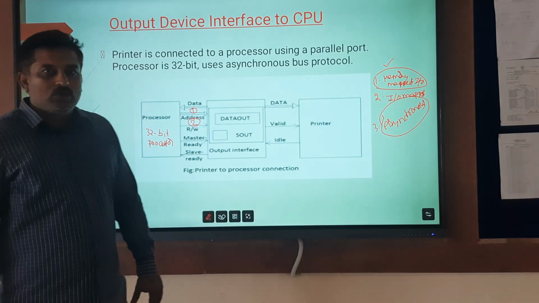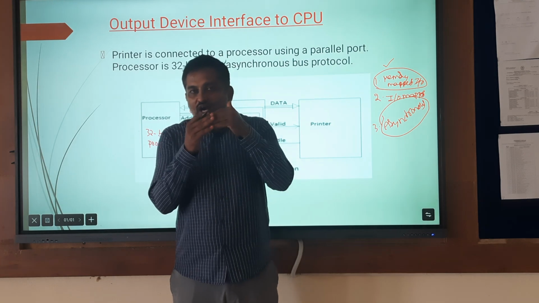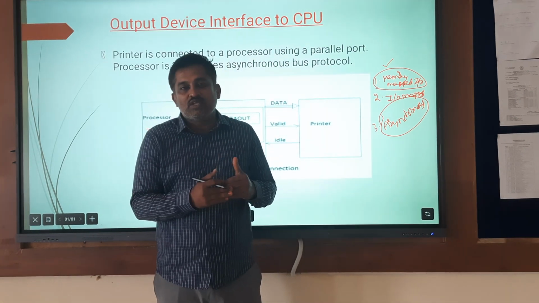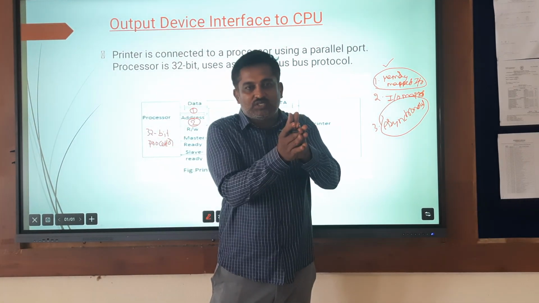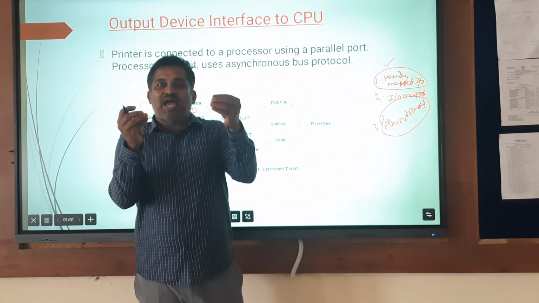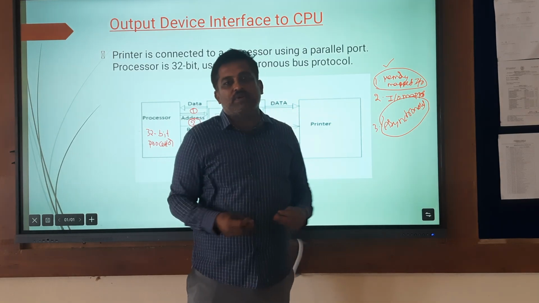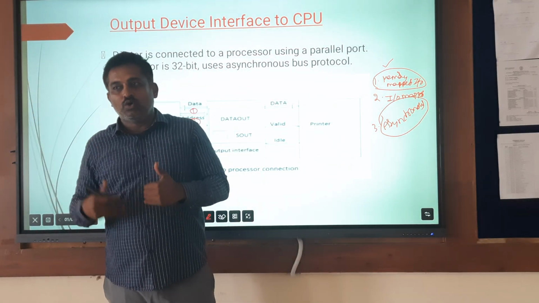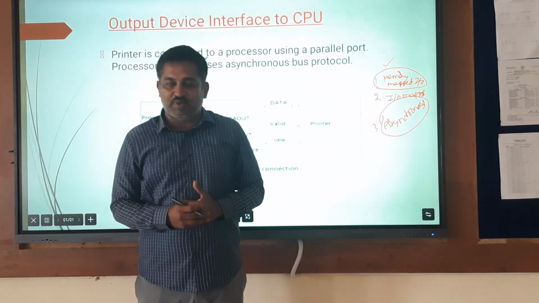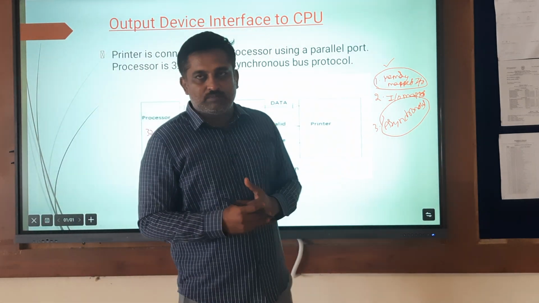Okay. So in case of read operation, what does the processor do? In case of write operation, what does the processor have to perform to carry out the output operation? Here, first consider the read operation.